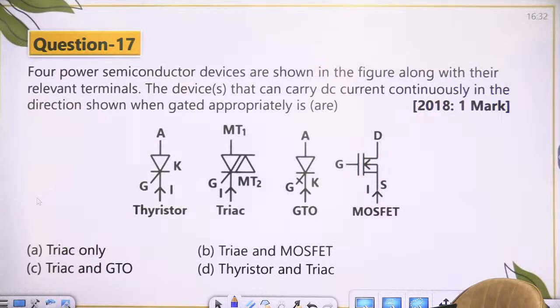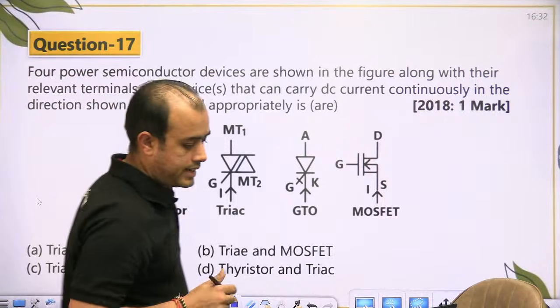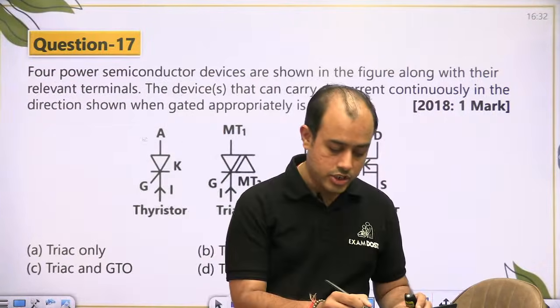चलिए ये वाला देखिए जरा. Which device can carry the current in the direction that is shown? इनमें से कौन सी ऐसी डिवाइसेस हैं जो दिखाए गए डायरेक्शन में करंट कैरी करने के काबिल हैं? Thyristor, no, it is unidirectional.